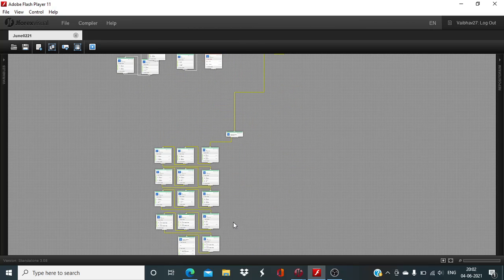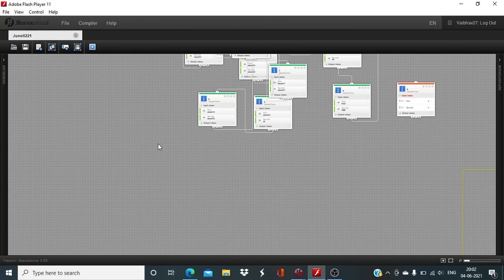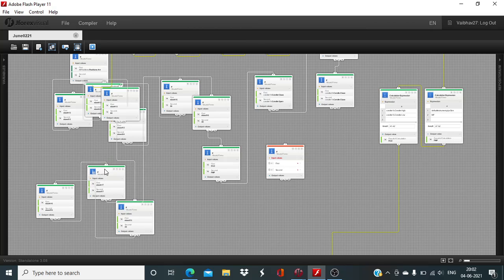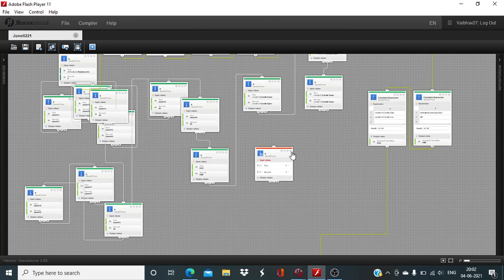But here we had used 13 blocks, and if I'm not wrong, this time around we have used, yes, 13 blocks have been used.